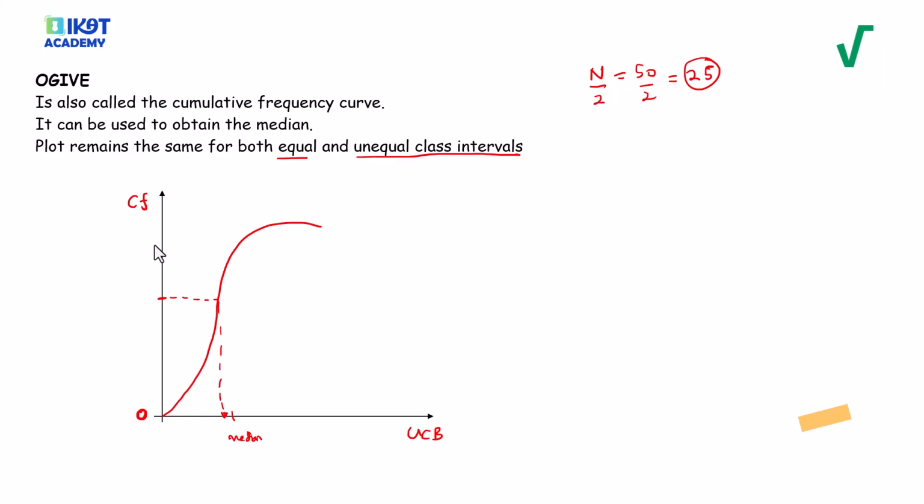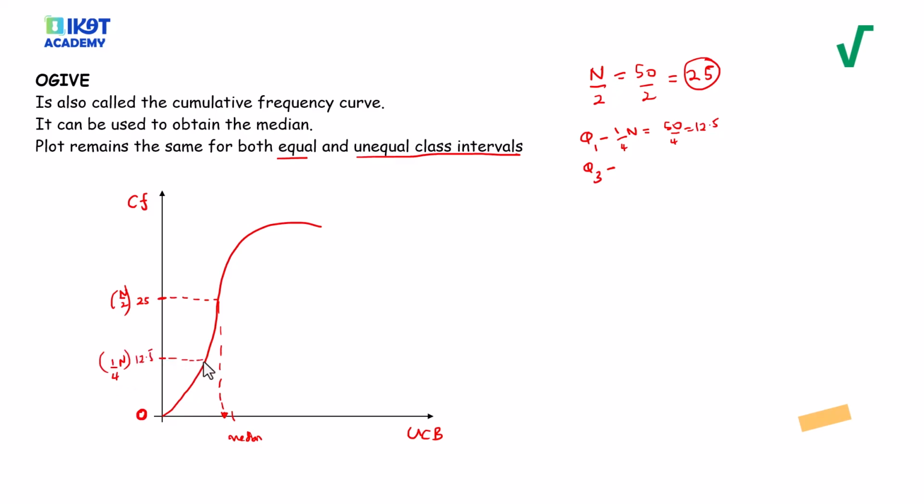For the sake of time, we can even do Q1 and Q3, that's the lower quartile and the upper quartile. For Q1, we said this is a quarter of n. This would be 50 divided by 4, which I think is 12.5. So 25 is n out of 2, and then you come here to get a quarter of n, in this case 12.5.